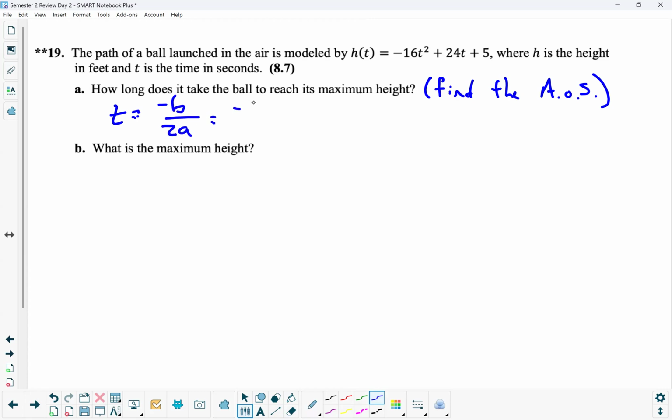So the opposite of 24 divided by 2 times -16. So -24 over -32. And if I divide this, -24 divided by -32, it's 0.75, and time is in seconds.